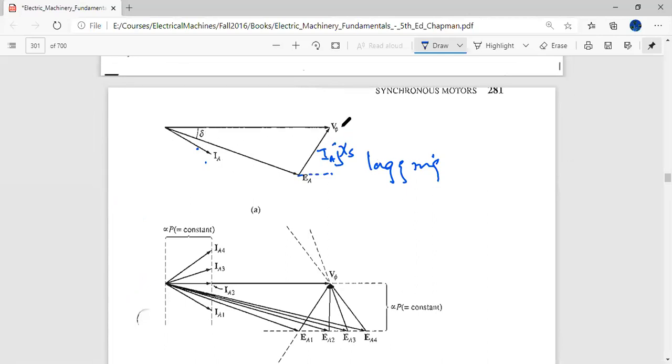The torque angle is the angle between V phi and EA. And if I start increasing IF, what happens? Okay, this effect is shown over here. As I start increasing the field current, so I'm not increasing this current, please note this is the armature current and the field is on the rotor.